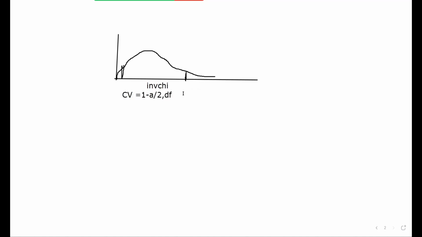For this critical value, here we're going to use inverse chi of alpha over 2 and df. So you have to be a little bit careful there.